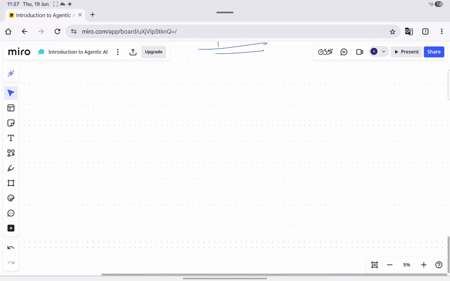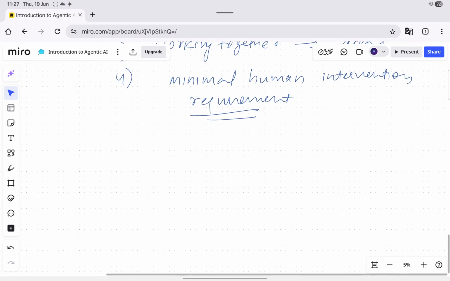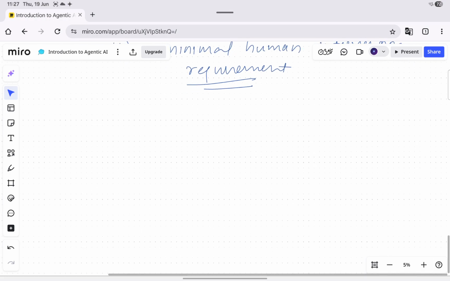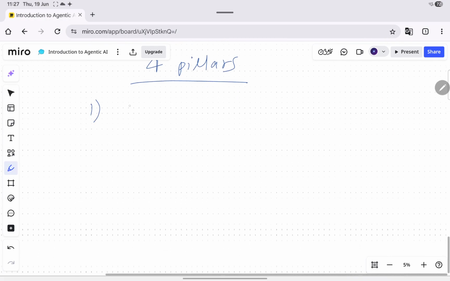Now, while designing these multi-agent systems, you must consider these four pillars. First one is the role. What is each agent's specific role? Each agent must have a clearly defined role that specifies its expertise and responsibilities.